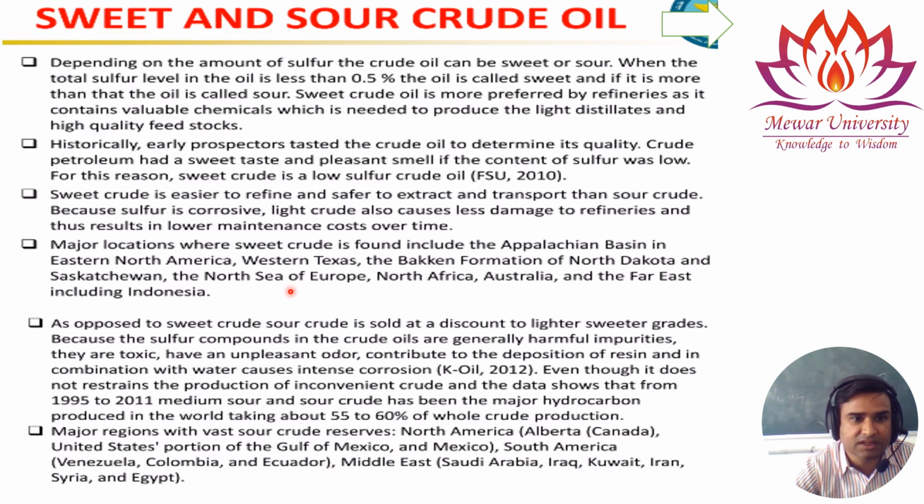As opposed to sweet crude, sour crude is sold at a discount to the higher sweeter grades, because the sulfur compounds in the crude oil are generally harmful impurities. They are toxic, have an unpleasant odor, and contribute to the deposition of resin, and in combination with water cause corrosion. Even so, it does not restrain the production of sour crude, and data show that from 1995 to 2011 medium sour crude has been the major hydrocarbon produced in the world, taking about 50 to 60% of the whole crude production.